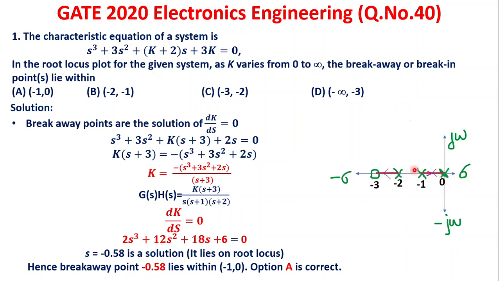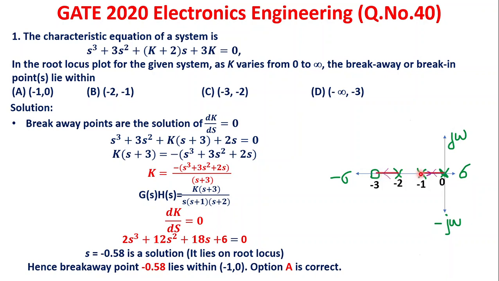Here, if we take any point to the right-hand side, there are 2, it is even, so it cannot be root locus. Any point if we take here, on the right-hand side 1, 2, 3, it is an odd number, so it is root locus. Any point to the left of minus 3, if we take 4, 4 is an even number, so you cannot have a root locus segment here. Therefore, a root locus starting from 0, a root locus starting from minus 1, similarly, a root locus starting from minus 2 has to terminate at minus 3.